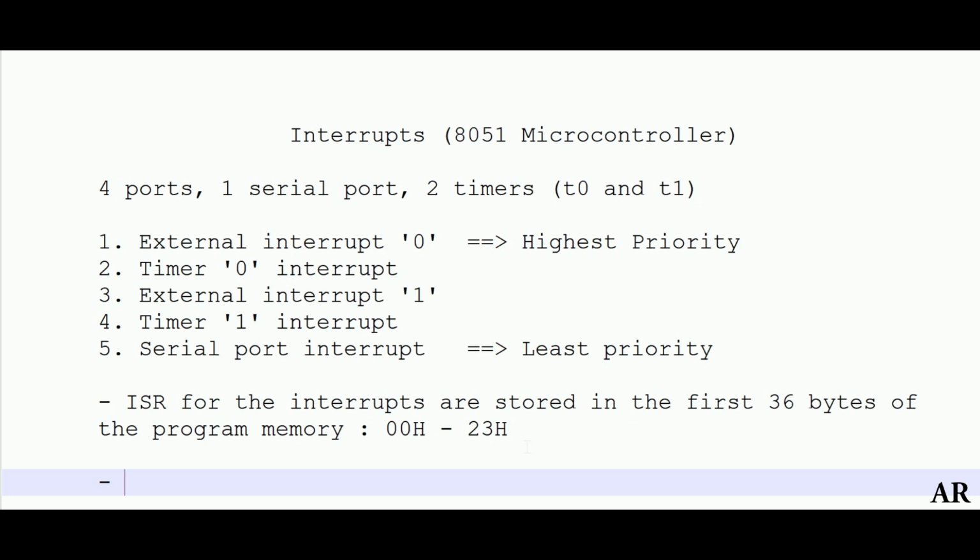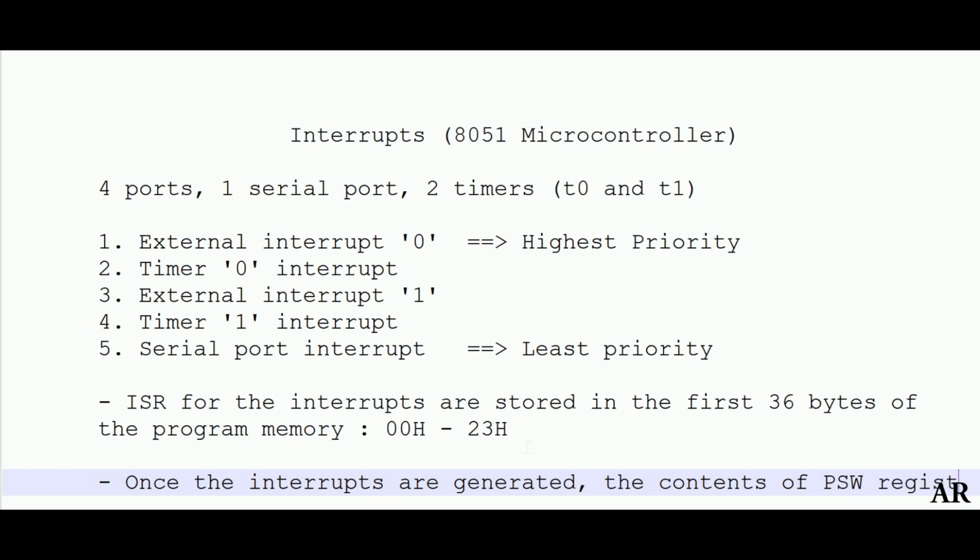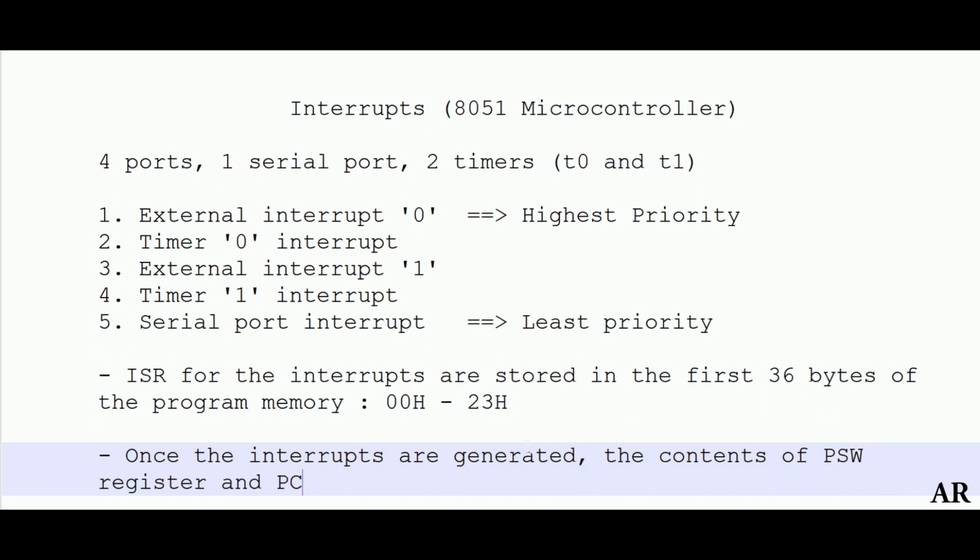So in this case, I can write, once the interrupts are generated, the contents of your PSW, because PSW in your 8051 is basically your flag, so the contents of PSW register and your program counter are pushed onto the stack.